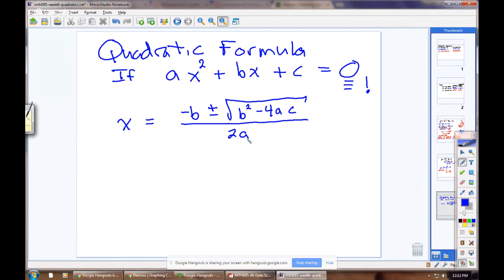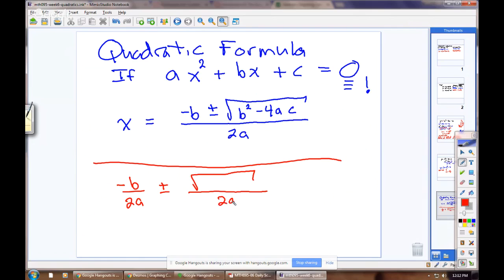That's the quadratic formula. Interesting thing about the quadratic formula, it's kind of a side note. The 2a is dividing everything up here. So both the negative b is being divided by the 2a, plus or minus, and the square root is divided by the 2a. So b squared minus 4ac. And a cool way to think about this right here is this negative b over 2a.